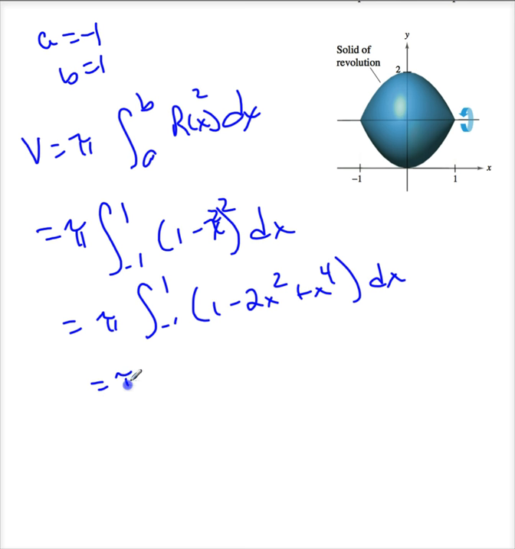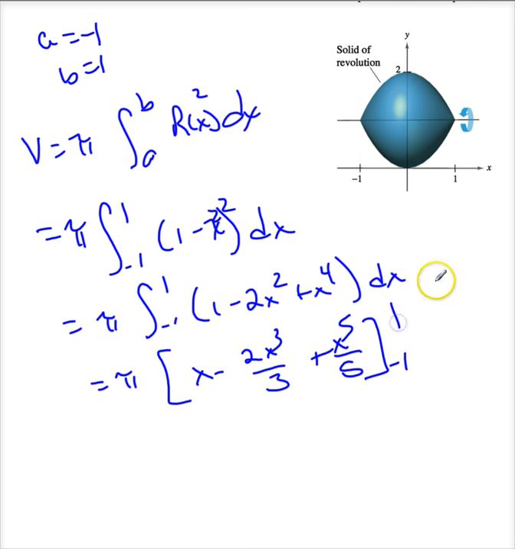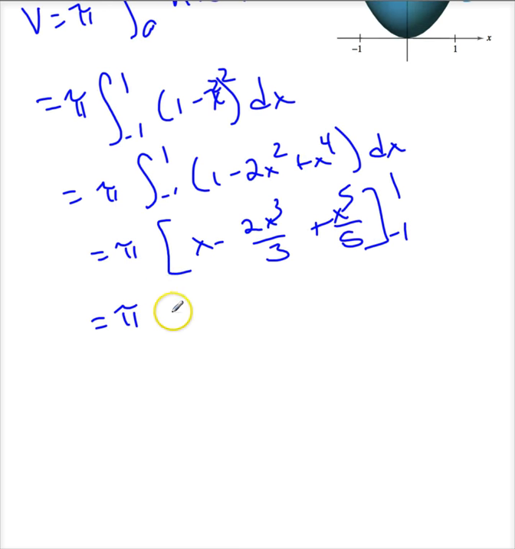Let me integrate this. I'm leaving this pi right on out here. So this is x minus 2x cubed over 3 plus x to the 5th over 5 evaluated at -1 and 1. So this is pi. Now you could use odd function symmetries or characteristics to find this, but for this example, I'm not going to.